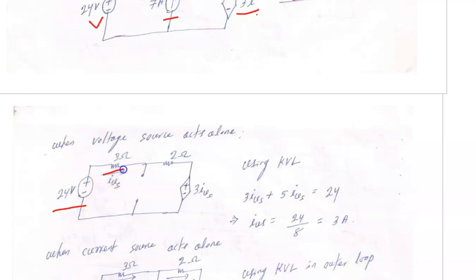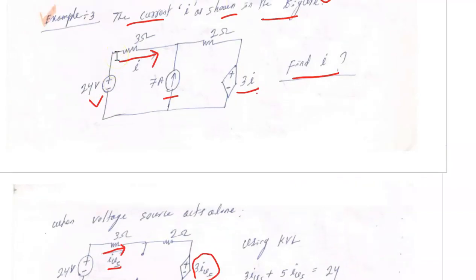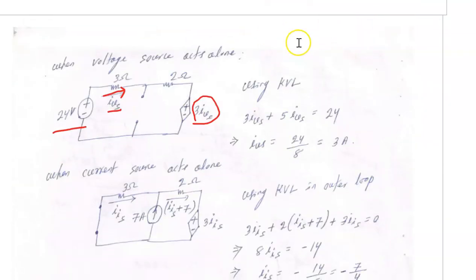This is the current I designate as the current due to the 24 volt voltage source alone, that is IVS. So obviously this dependent source variable has to be modified, because whatever current flows through the 3 ohm resistor, that current is multiplied by 3 to give the dependent voltage source.